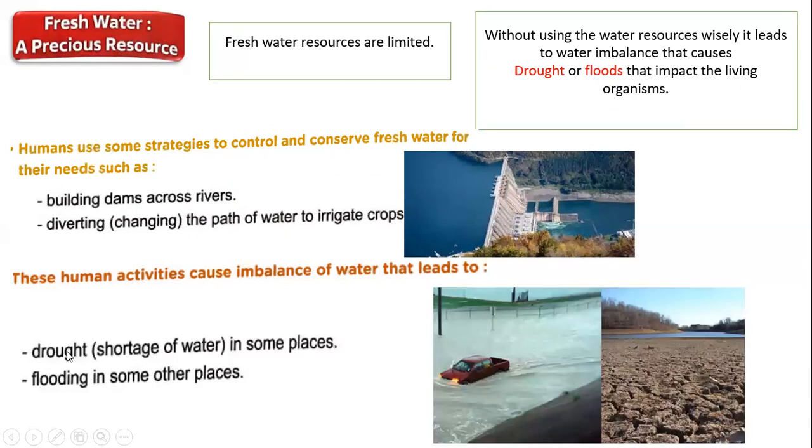Number one, drought, which means shortage of water in some places like this. Here is a drought. You can see this is a drought, shortage of water, or flood, too much water. This is because of water imbalance. So water imbalance can cause number one, drought, or number two, flood.